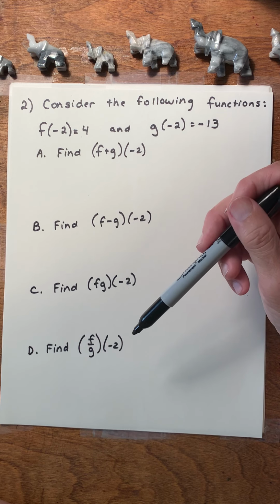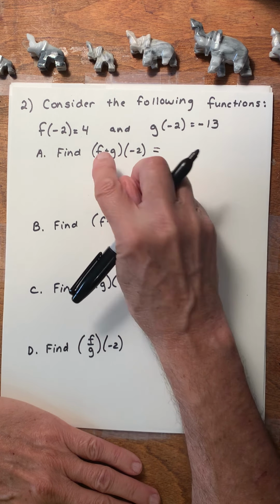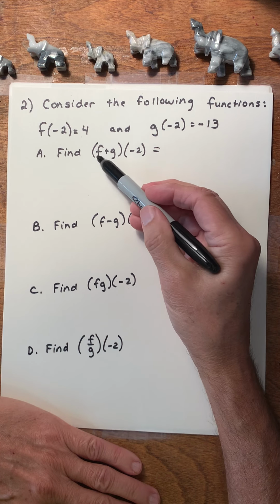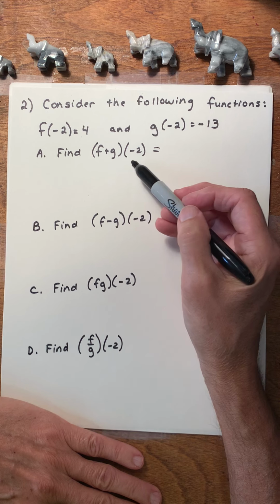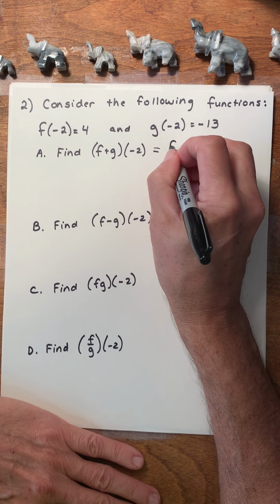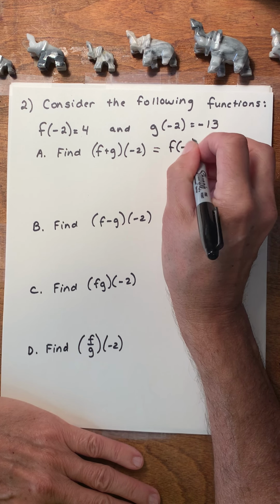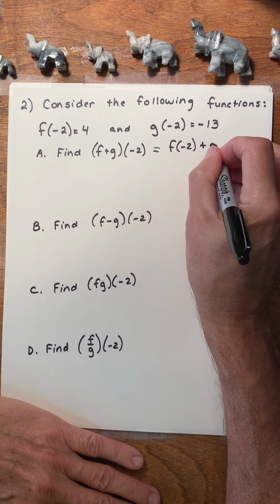And these guys are not difficult at all because of the definition of the sum function. F plus g of negative 2, f plus g of 7, f plus g of anything is going to be f of that thing plus g of that thing. That's all it means.